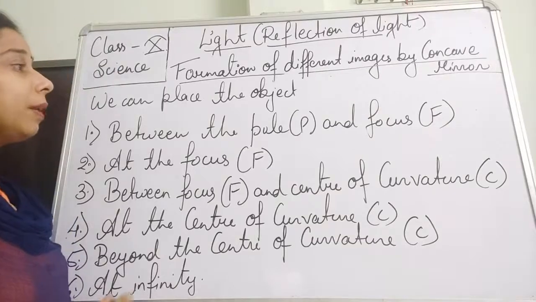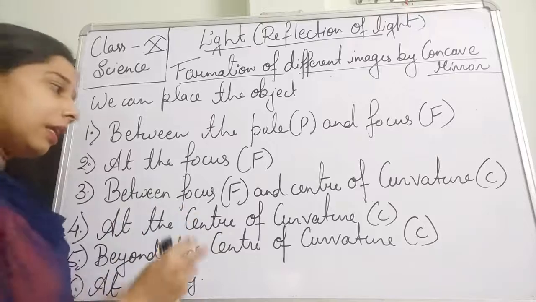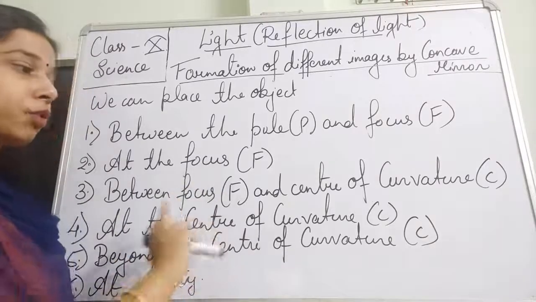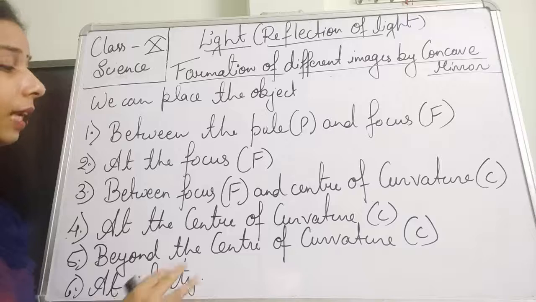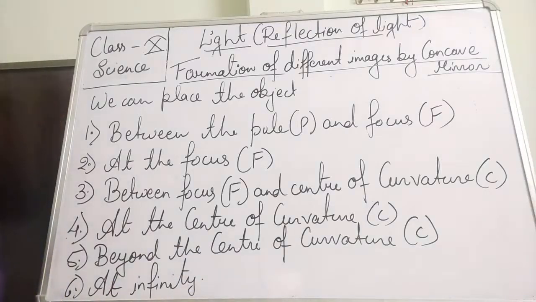So suppose we keep the object between pole and focus, we will find a kind of image. Then if we keep it at the focus, then between focus and center of curvature, at the center of curvature, beyond the center of curvature, and finally at infinity.